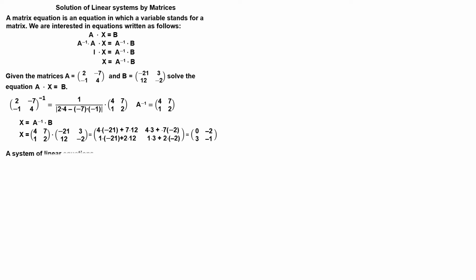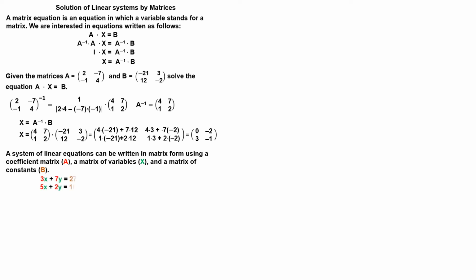A system of linear equations can be written in matrix form using a coefficient matrix, a matrix of variables, and a matrix of constants. Consider the system. The coefficient matrix can be formed by aligning the coefficients of the variables of each equation in a row. Then, the coefficient matrix for the system is the following 2x2 matrix.